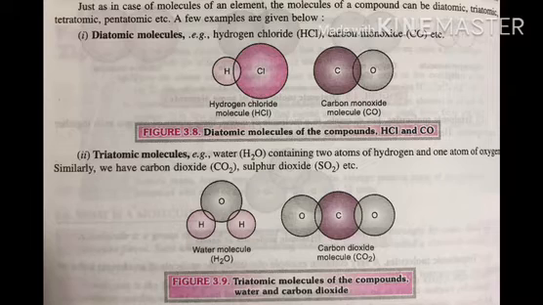Diatomic molecules: hydrogen chloride HCl, carbon monoxide CO. You see, one atom of hydrogen combines with one atom of chlorine to become hydrogen chloride, that is HCl. In the case of carbon monoxide, one atom of carbon combines with one atom of oxygen to become carbon monoxide, that is CO.